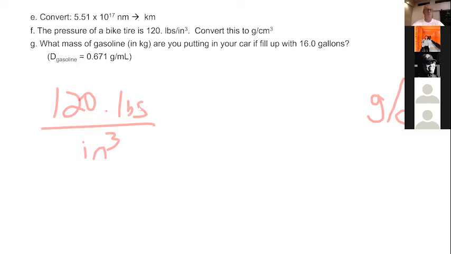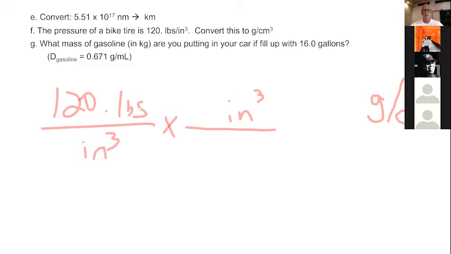So let's do the inches cubed first. I want to have centimeters cubed on the bottom, and inches cubed on the top so I can get rid of it. So I'm going to put my inches cubed up here. And then what is equal to 1 inch?